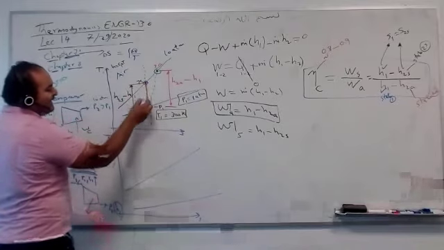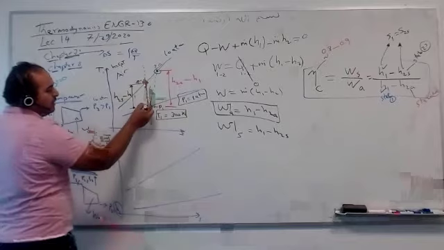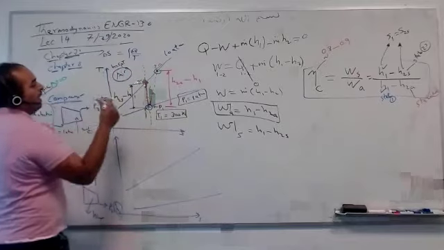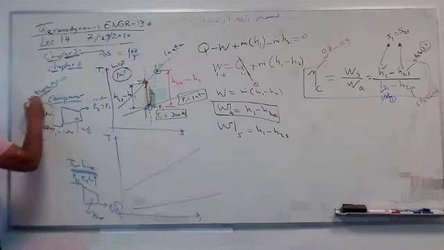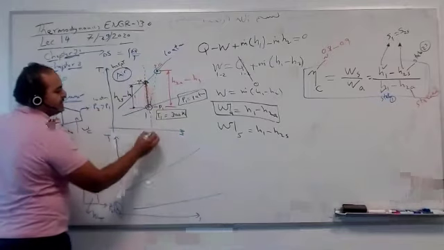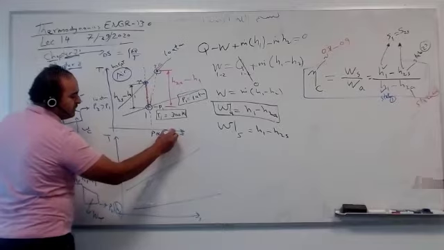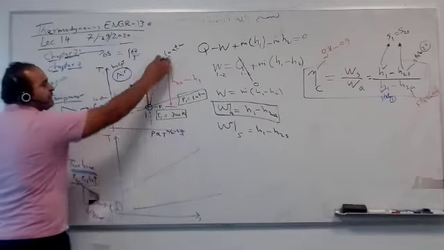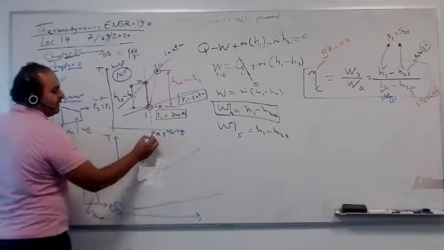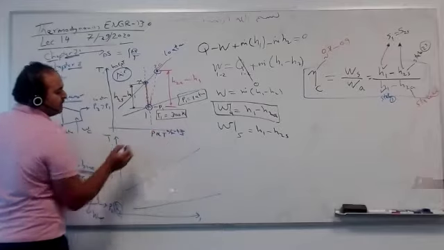Why? Because delta S is 0. This is air, and this is isentropic, so you can use isentropic relations: P proportional to T to the K over K minus 1. So if you have P2 and P1, you can get T2 because you have T1.